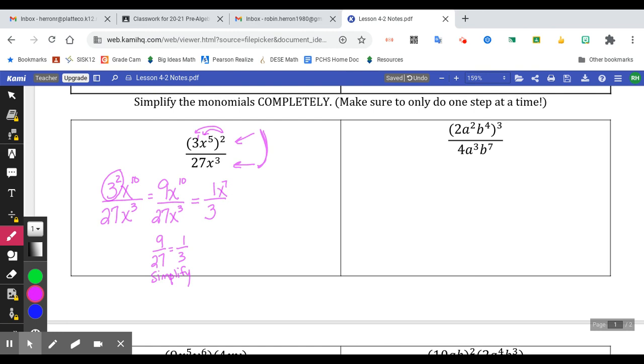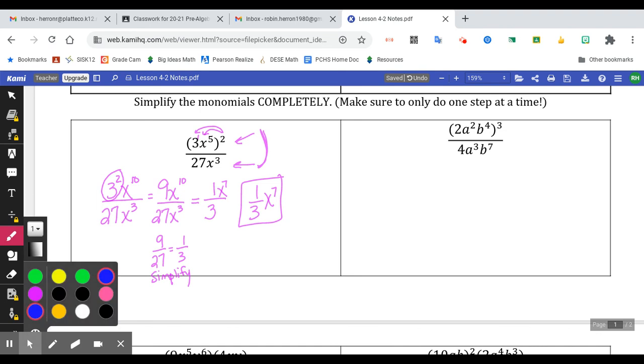And that's going to go on top because it is a positive number. So it's going to be like a normal x to the 7th. So really, you could just put x to the 7th, or you could have 1/3 x to the 7th out to the side, whatever you wanted to do. All right. Very good. Here we go.